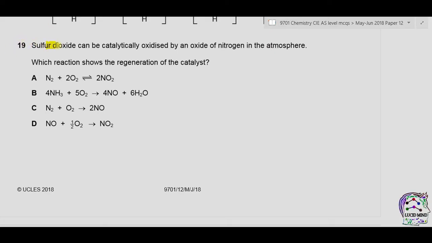Question 19. Sulfur dioxide can be catalytically oxidized by an oxide of nitrogen in the atmosphere. Which reaction shows the regeneration of the catalyst? The reaction in which sulfur dioxide is oxidized by an oxide of nitrogen is given as this one. SO2 gas in the atmosphere reacts with NO2 gas to form sulfur trioxide along with nitrogen monoxide.